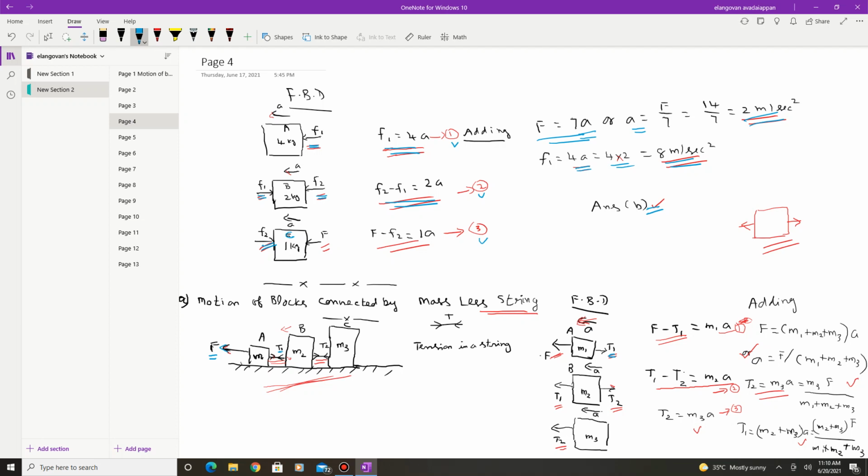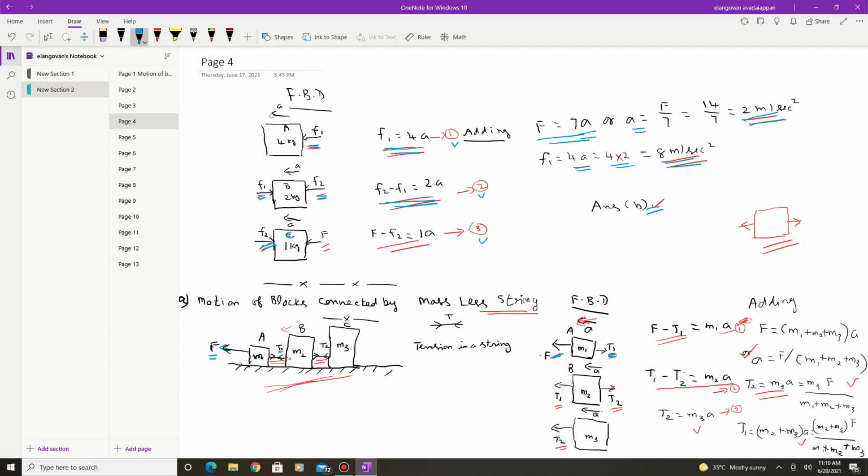If you consider a single string, then the tension acting on it will be equal and opposite. So if you consider the free body diagram, the mass is M1, F1 is the external force acting on the block A, and T1 is the tension force acting from the block A in the positive direction.